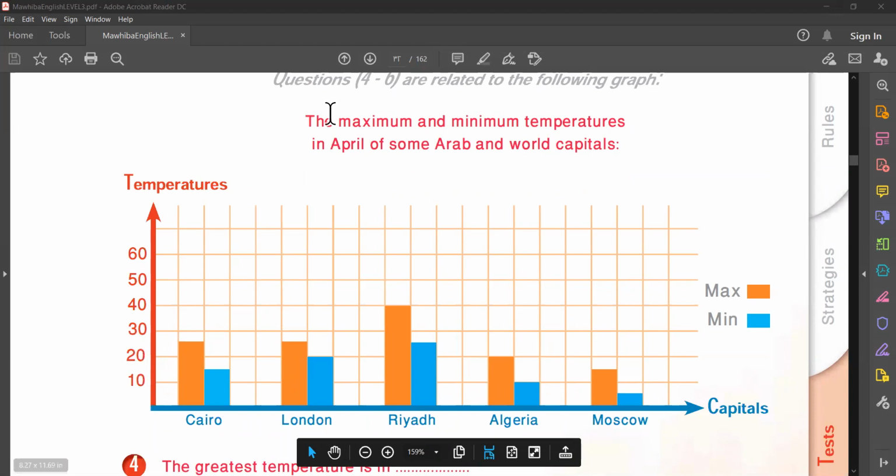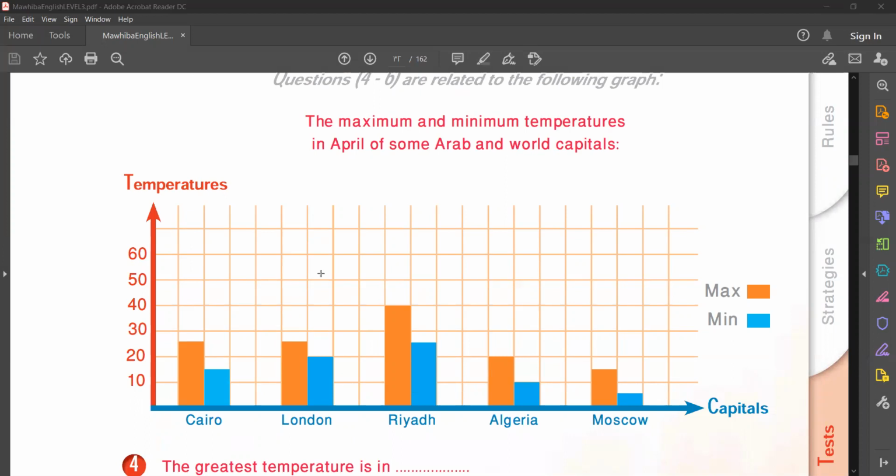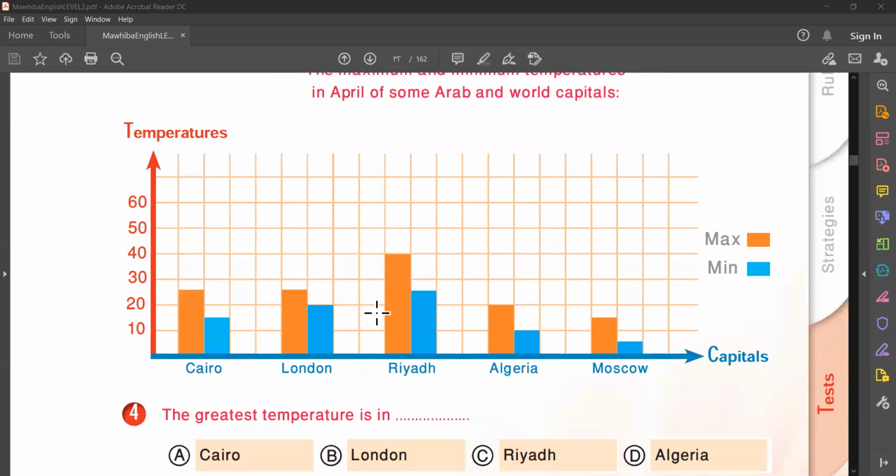The minimum is I think 15. Also in London or Riyadh, look here, Riyadh, it is 40, the maximum, and the minimum is 25, and so on. Algeria, Moscow.